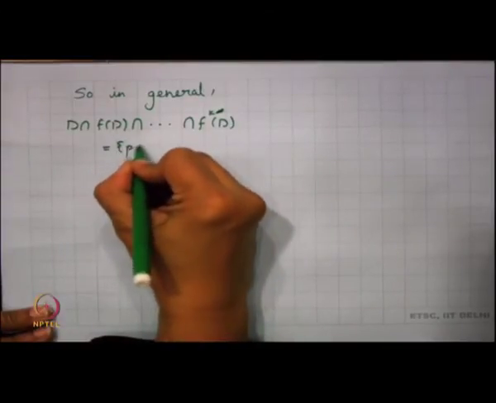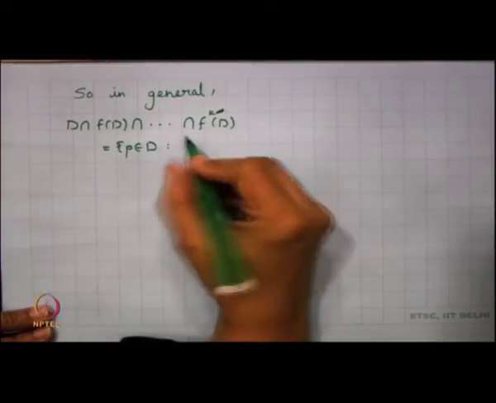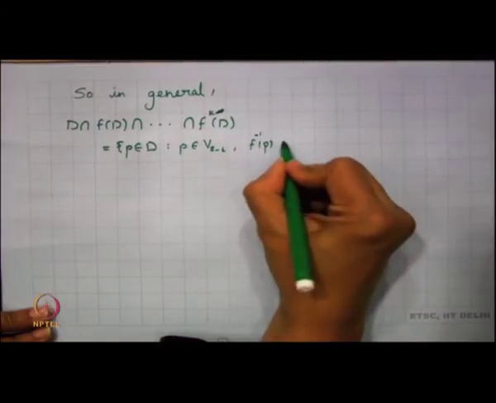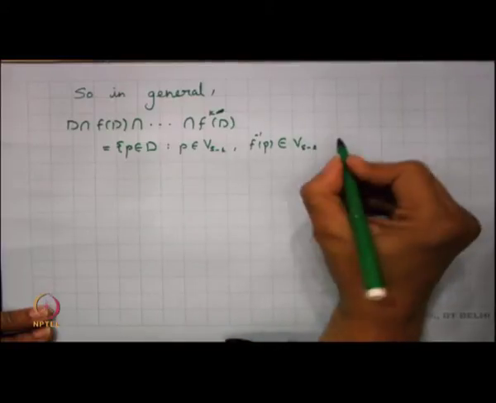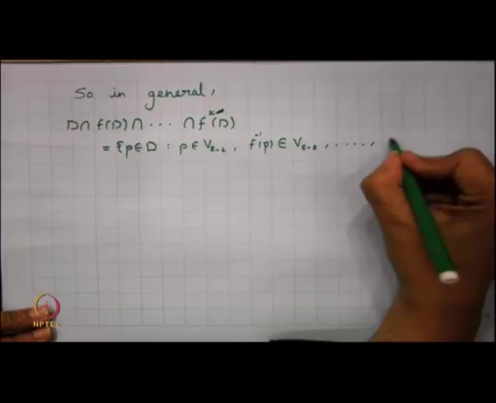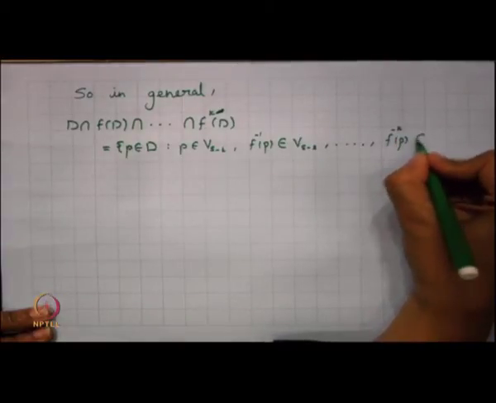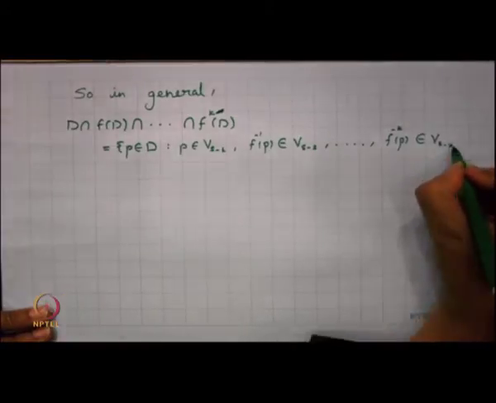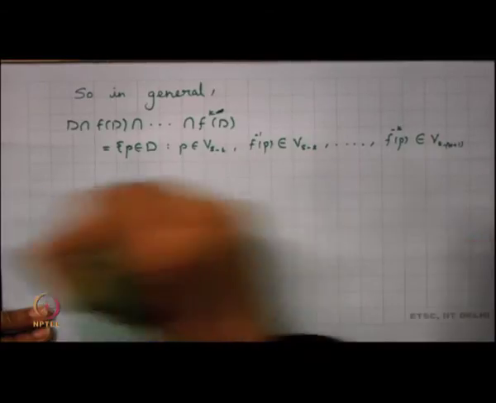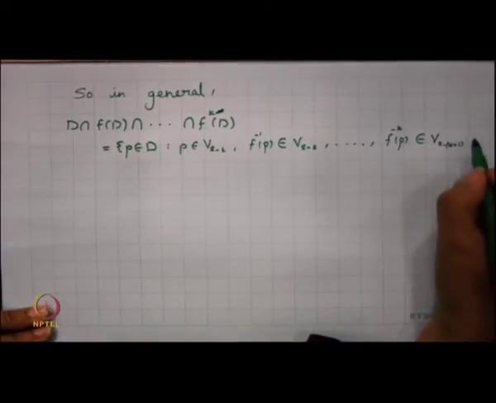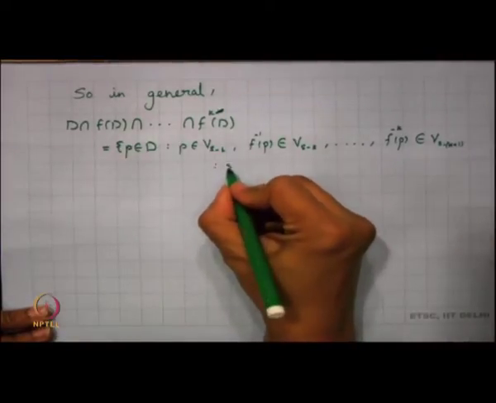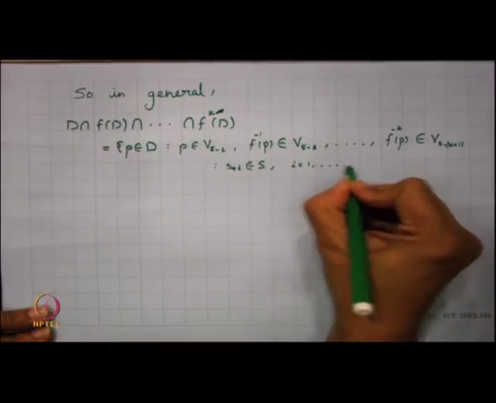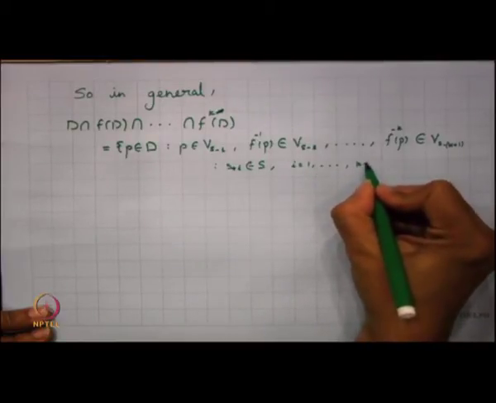That is the set of all P in D such that P belongs to V S minus 1, F inverse P belongs to V S minus 2, and so on, up to F minus K P belongs to V S minus K plus 1, where S minus I belongs to S and I varies from 1 to K plus 1.